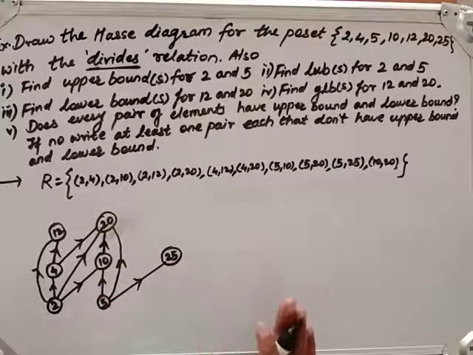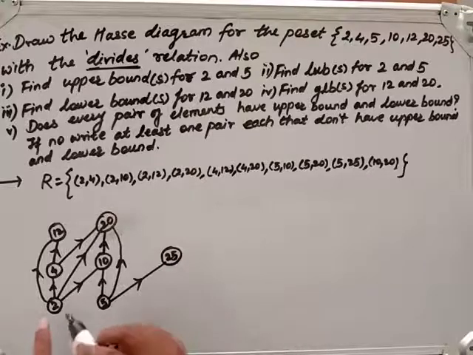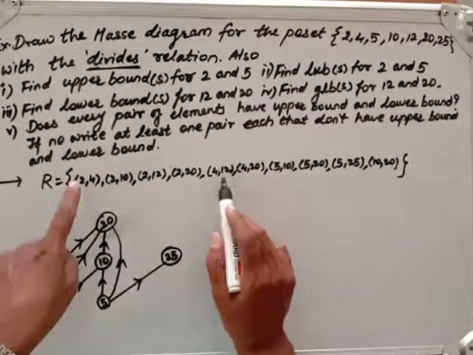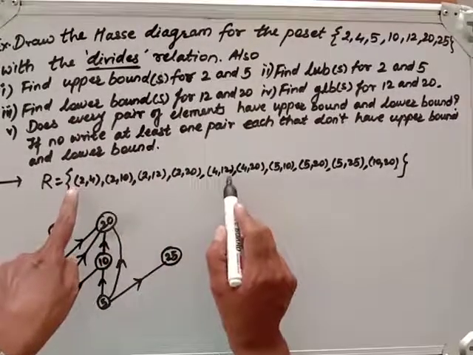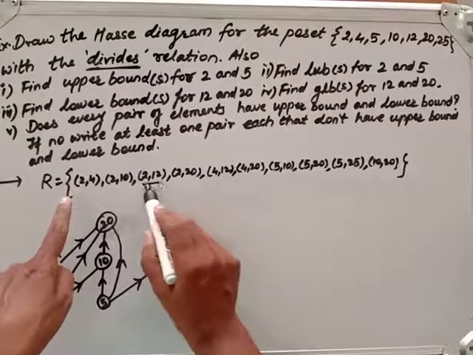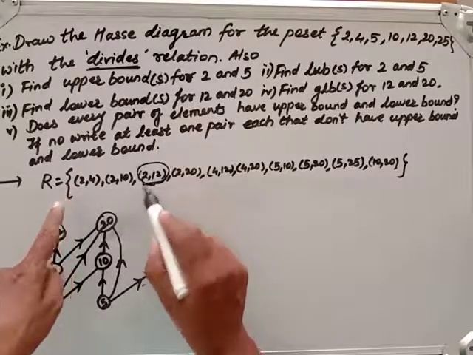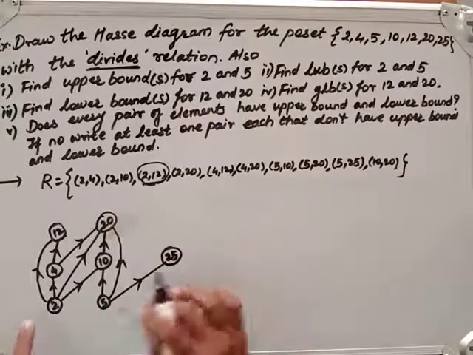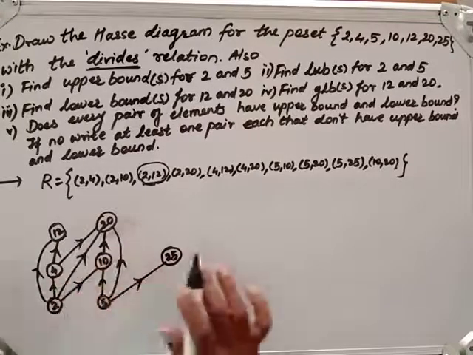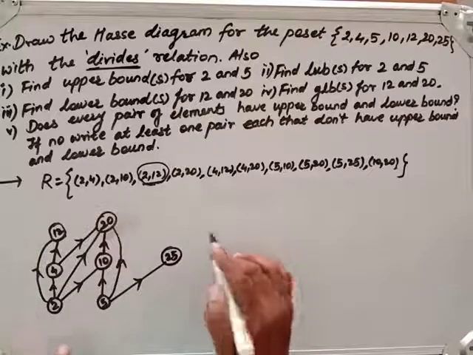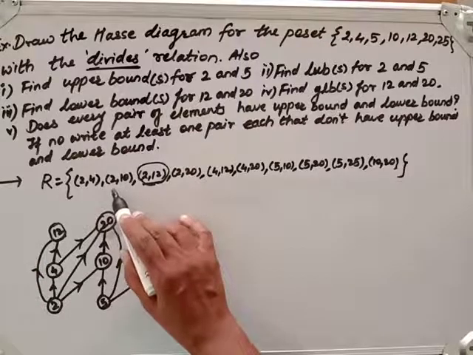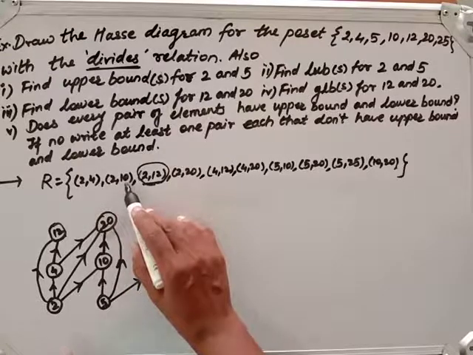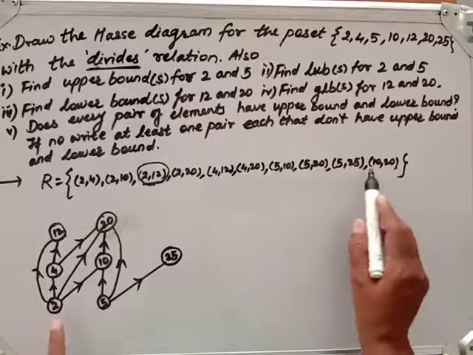Now our aim is to draw a Hasse diagram. Now in Hasse diagram, look at it here. Now 2 is related to 4, 4 is related to 12, so 2 is also related to 12. So this is an element of transitivity. So we haven't shown this pair in the Hasse diagram. There is a rule for transitivity. We remove that part. Also look at here, the other one is which one? 2 is related to 10 and 10 is related to 20.